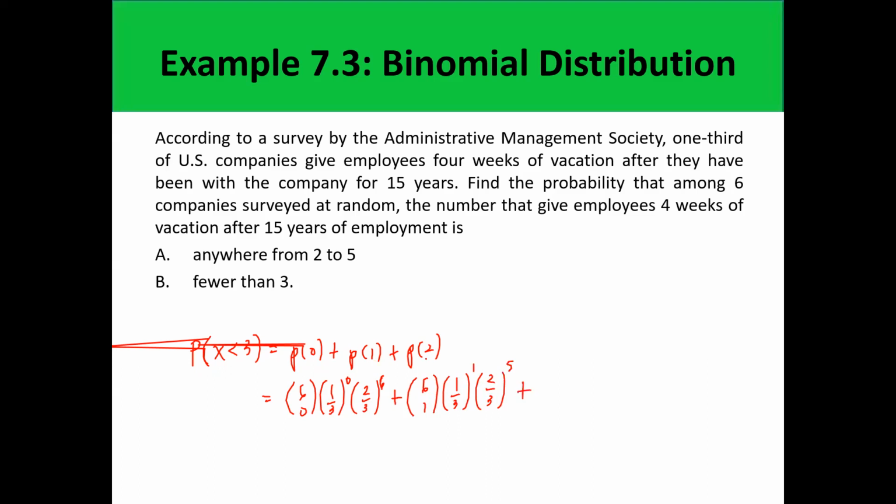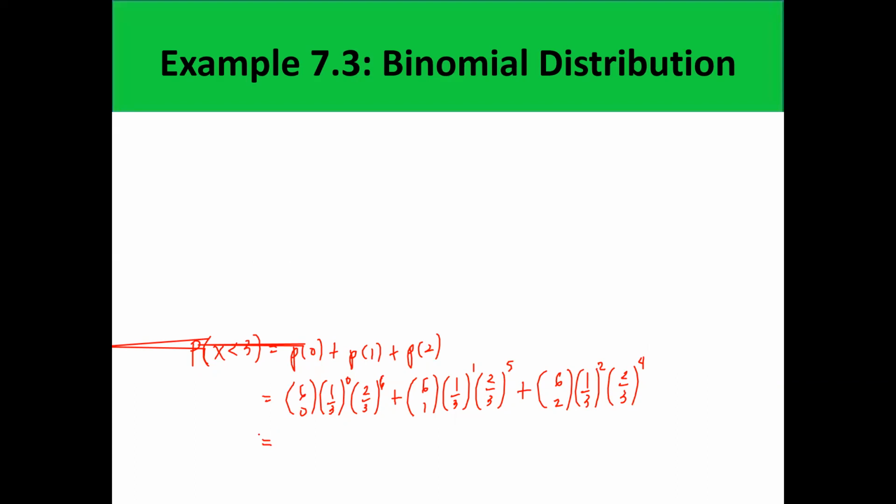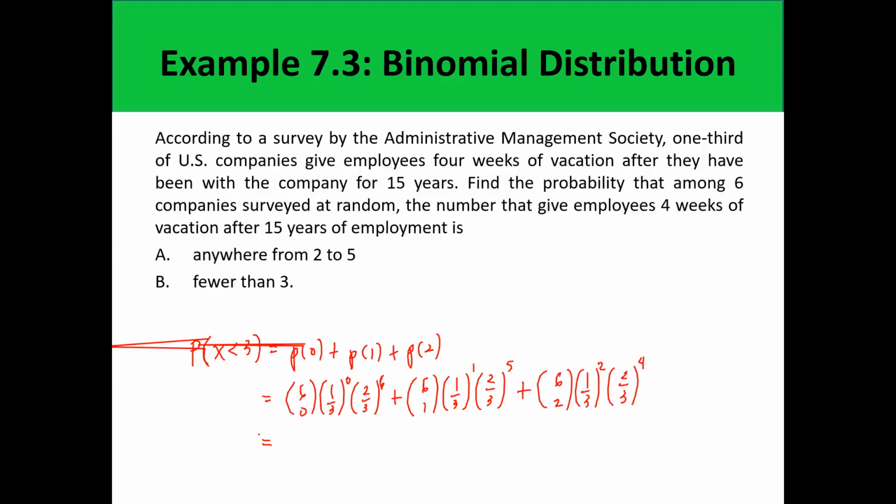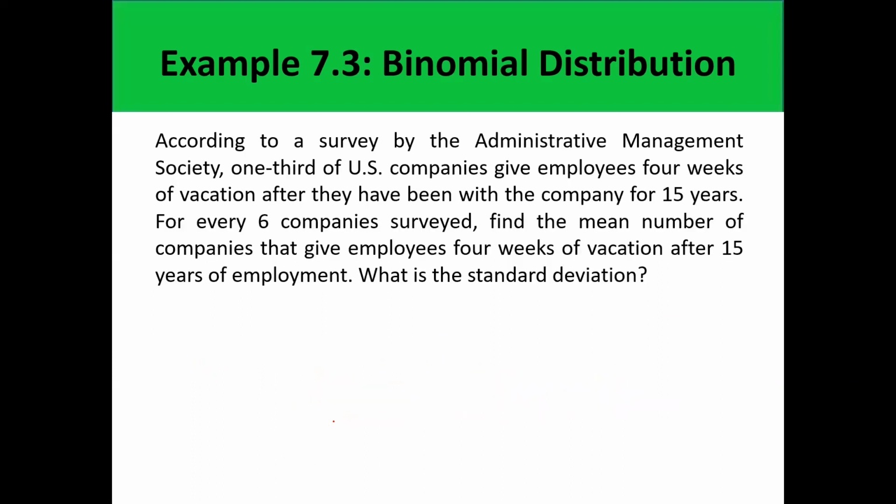And then the probability of 2 is 6 combination 2 times 1/3 raised to 2 times 2/3 raised to 6 minus 2, which is 4. And using your calculators, this will give us 0.6804 or 68.04%.